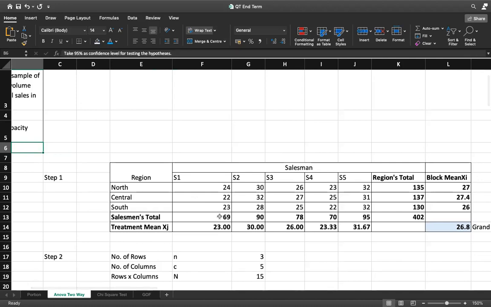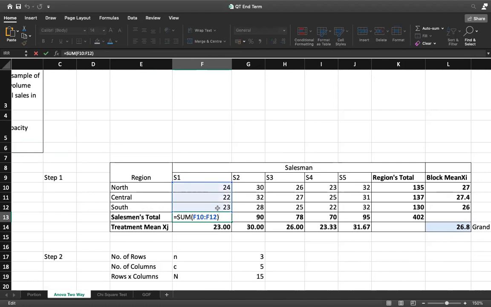The first step is to find the totals of all your rows and of all your columns. Your salesman total is the sum of your first column. Similarly, you will find S2, S3, S4, S5. And here, you will find the row total for all the regions. After this, you will find your block mean. Block mean is the mean of each of the rows.